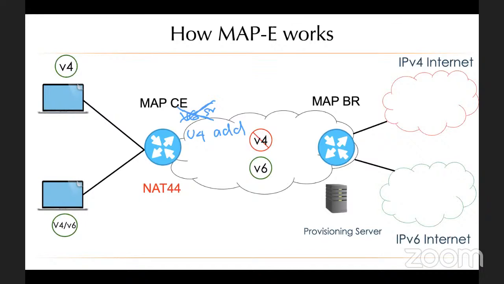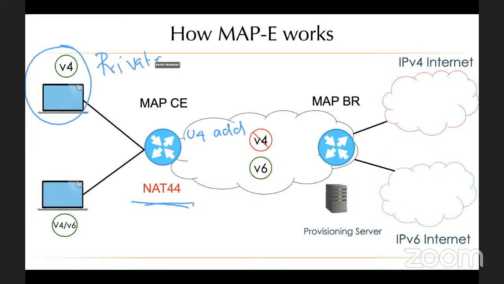So these pre-checks are done. And then once everything is okay, next thing to be done is we're going to translate the decapsulated v4 packet. We start with the v4 public address. We use the NAT table to translate the destination IP, because remember the destination is a private address, right?